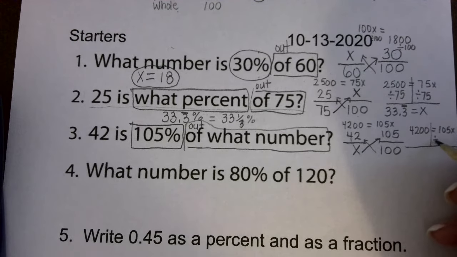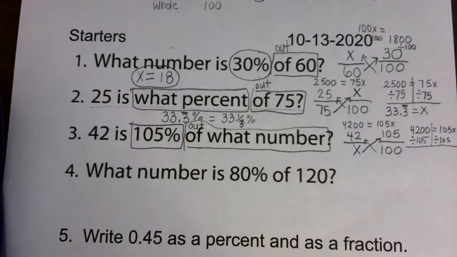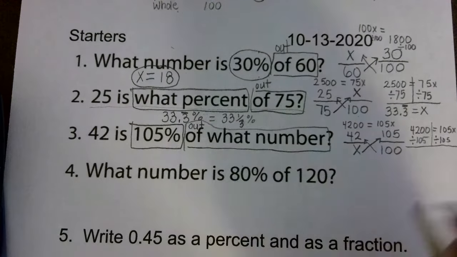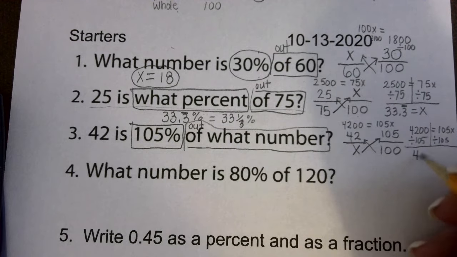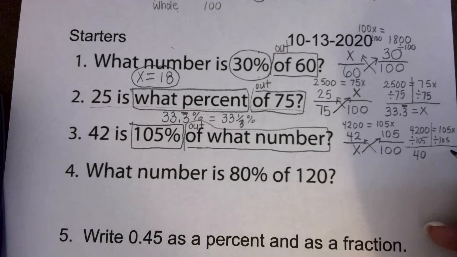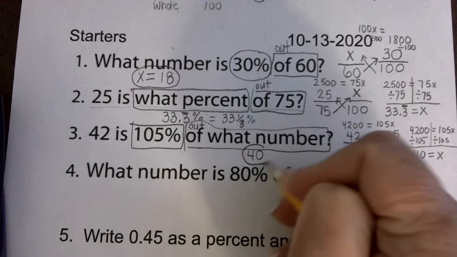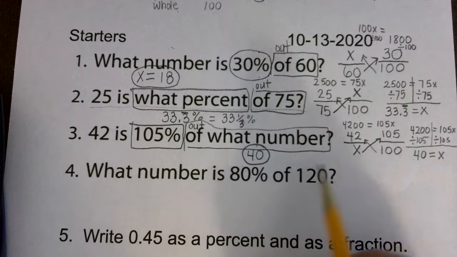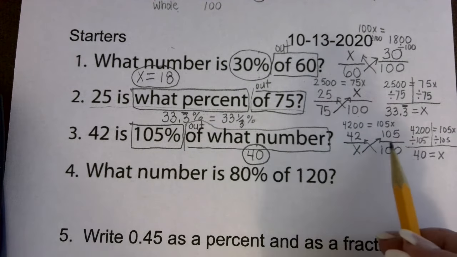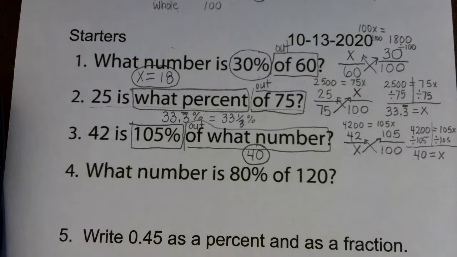We're going to divide by 105. And we have 4,200 divided by 105, and that's equal to 40. And then 105 divided by 105 is just 1x. So in this problem, 40 is my whole, and it's smaller than my part because my percent is over 100. So if your percent's over 100, then your part is going to be bigger than the whole.